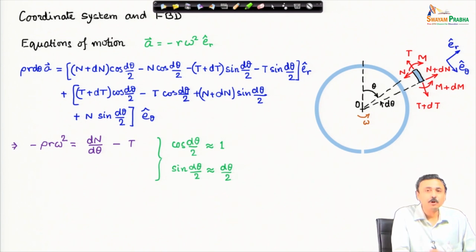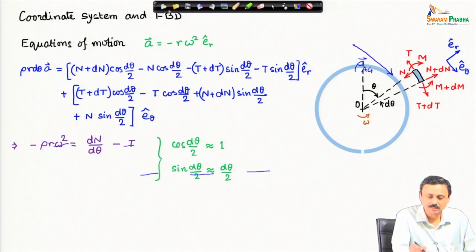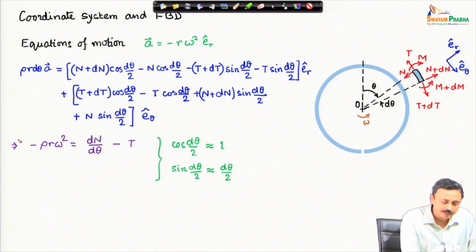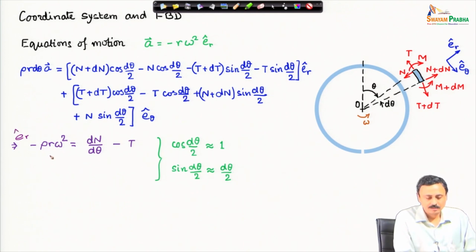Now, if you look at the components in the two directions, this is the e_r cap direction. From the left hand side we have this expression of mass times acceleration, so rho r squared d theta omega squared.